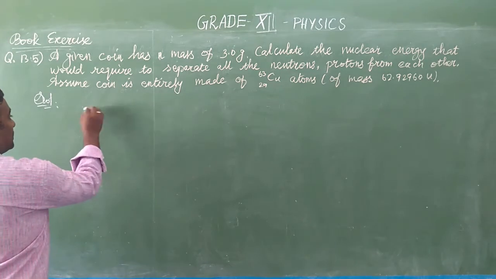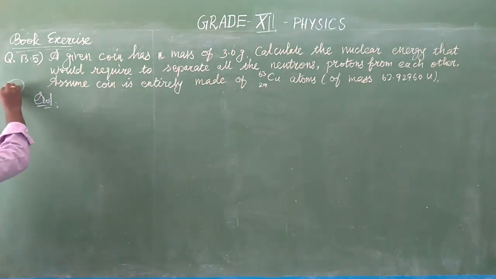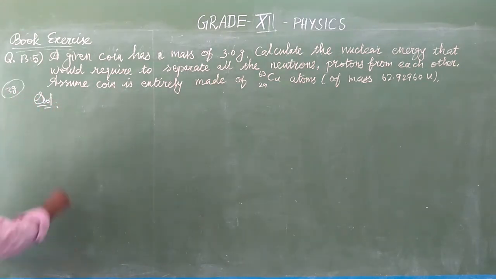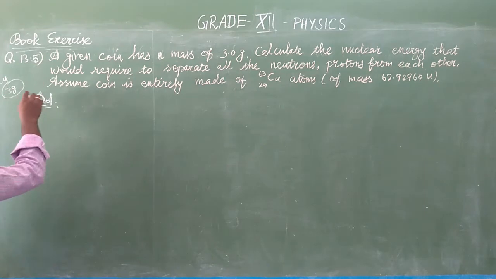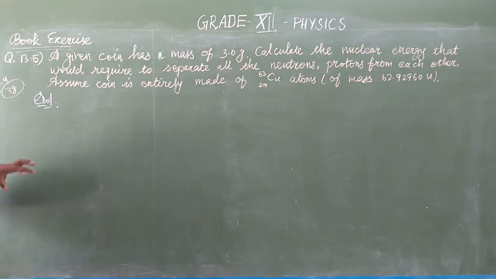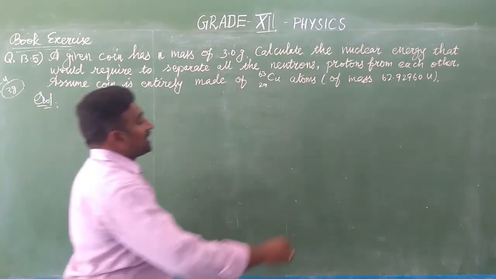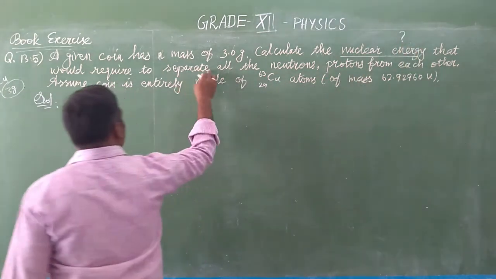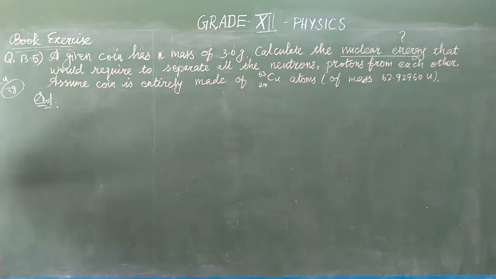So there is a coin and the coin mass is 3 gram. And what type of coin it is made up of, they mention at last. Okay, it is a copper coin and it is copper 29 63. Okay, so the mass of the coin is 3 gram and we are going to calculate the nuclear energy to separate all the neutrons and the protons from each other in the coin.